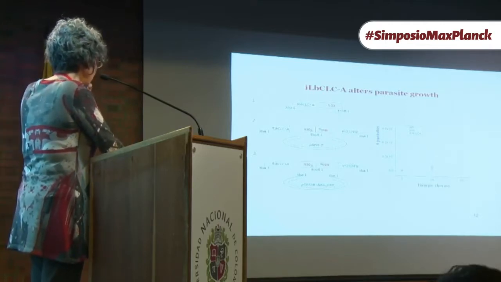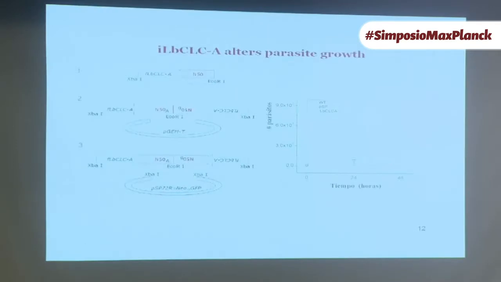To do this, we followed the work of Elisabetta Ulu, who was the guru of silencing in Leishmania. In this case, fortunately, we were working with the right species. In Leishmania, it's interesting because only the subRNA gene has silencing machinery.